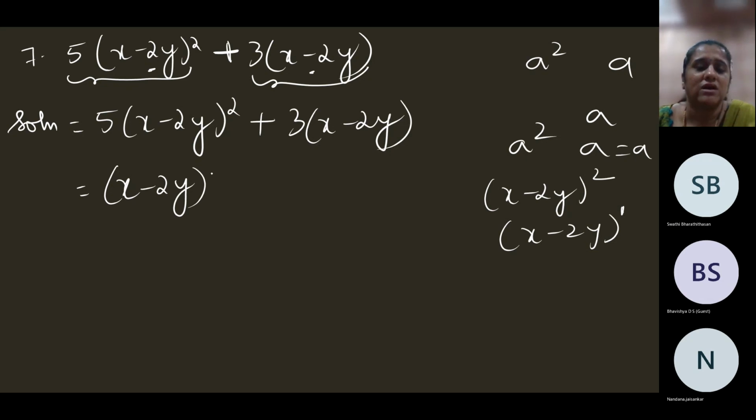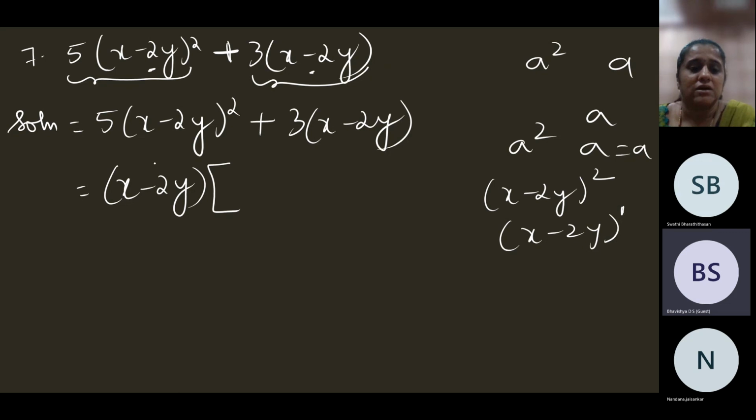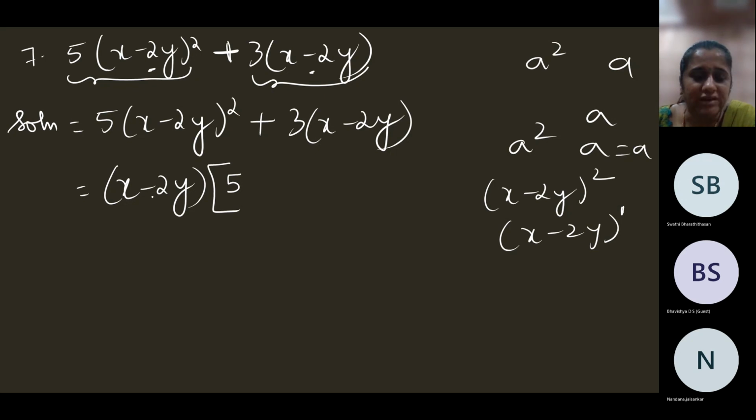This is common. Now open a bracket. You need to get 5 into x minus 2y the whole square, so I should write a 5 here, right? Yes, ma'am. Now x minus 2y into what will give you x minus 2y the whole square?